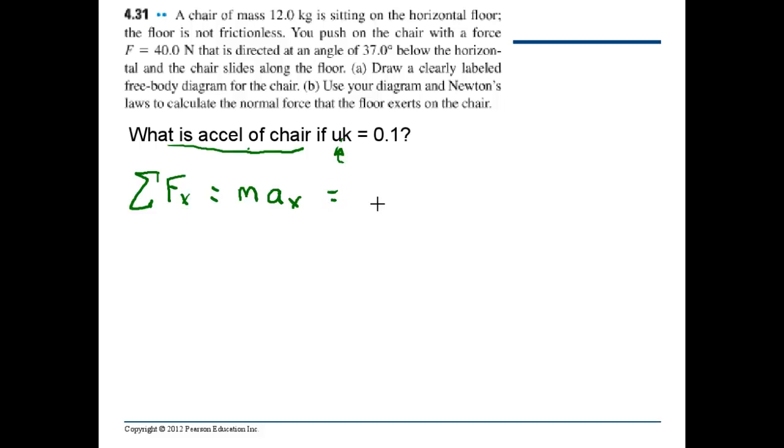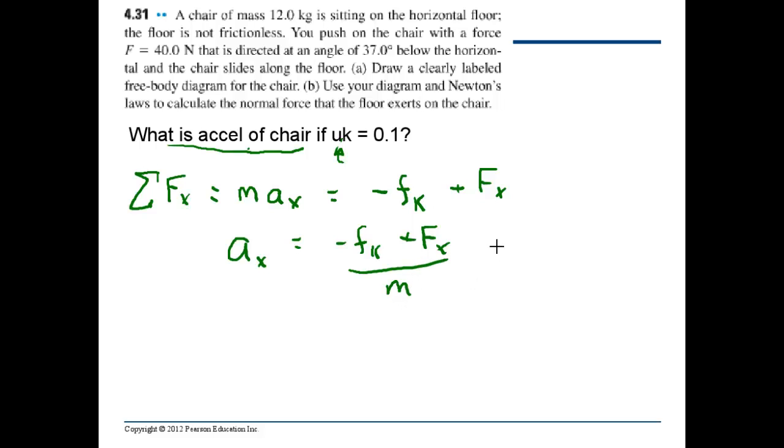And for this, we're going to have the force of friction in the negative direction, telling you that it's kinetic friction. And then we're going to have my force in the x direction right there. So the acceleration of the chair is going to be equal to negative f sub k plus the force you're applying there, divided by the mass.